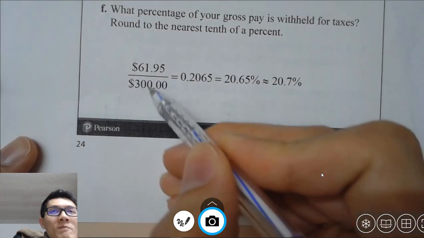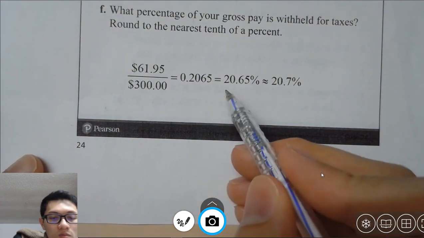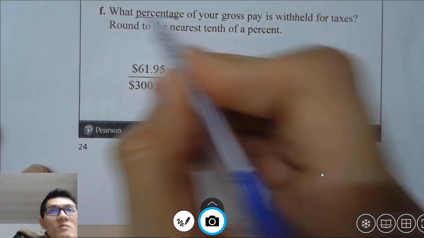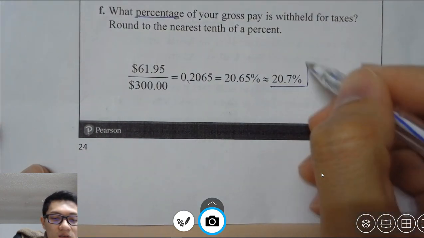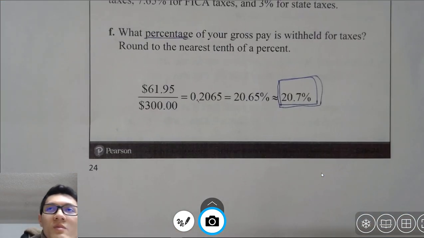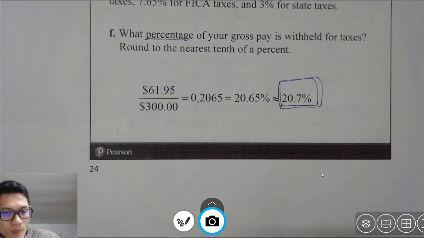We take that divided by the gross pay, and you move 2 places to the right to get it back to the percentage, because they ask you for the percentage, not decimal. So 20.65%, or 20.7%, to be precise, 20.7% of your gross pay is spent for the taxes. So we take the ratio out of the gross pay. Okay, so that is the end of section 8.2, the income tax.